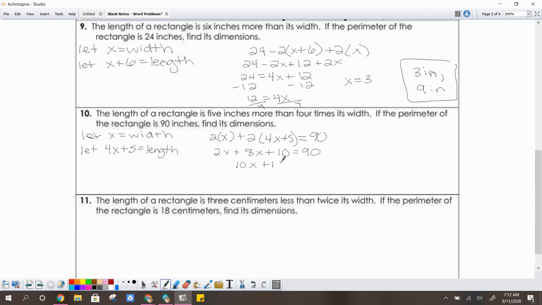Step 3 is to get rid of the plus 10. So we subtract it. The next step is to divide. So we're dividing both parts by 10 to get that the width is 8. So then we can take our 8 and plug that in over here. So 4 times 8 plus 5 will give us the length. So we have 8 inches. And we also have 37 inches when you solve that.